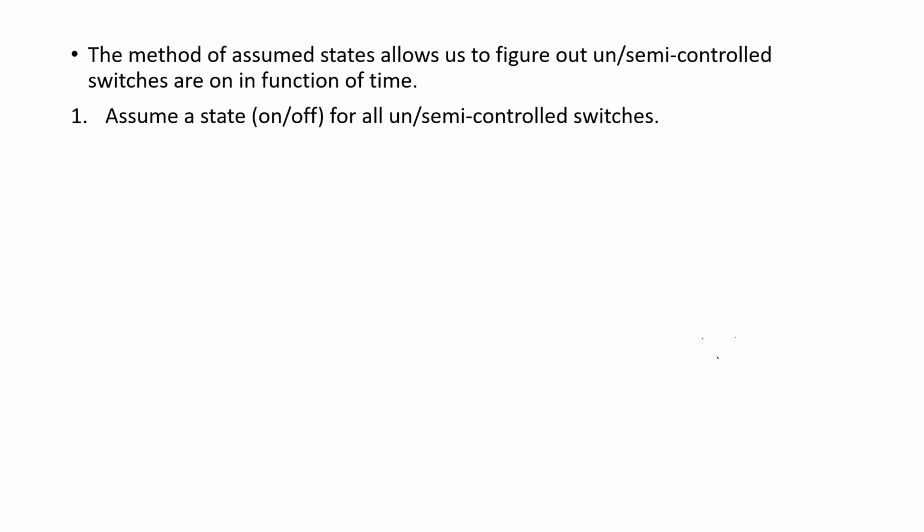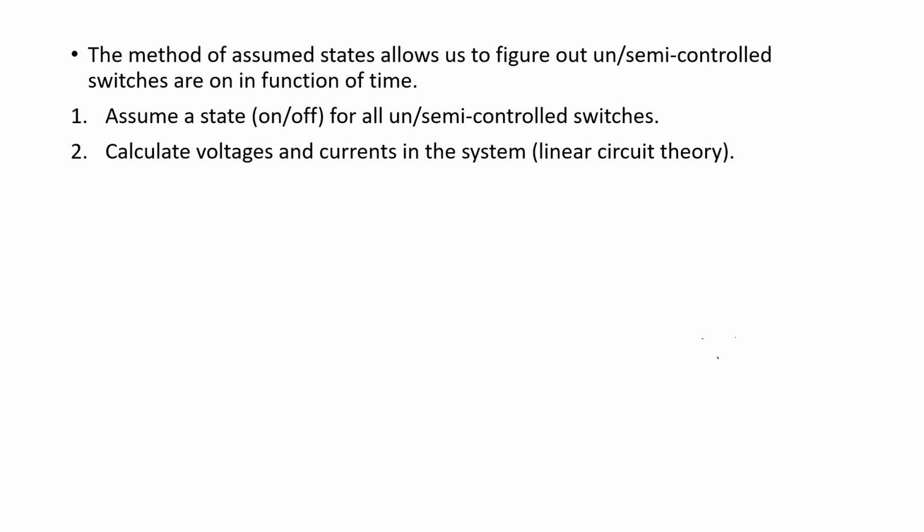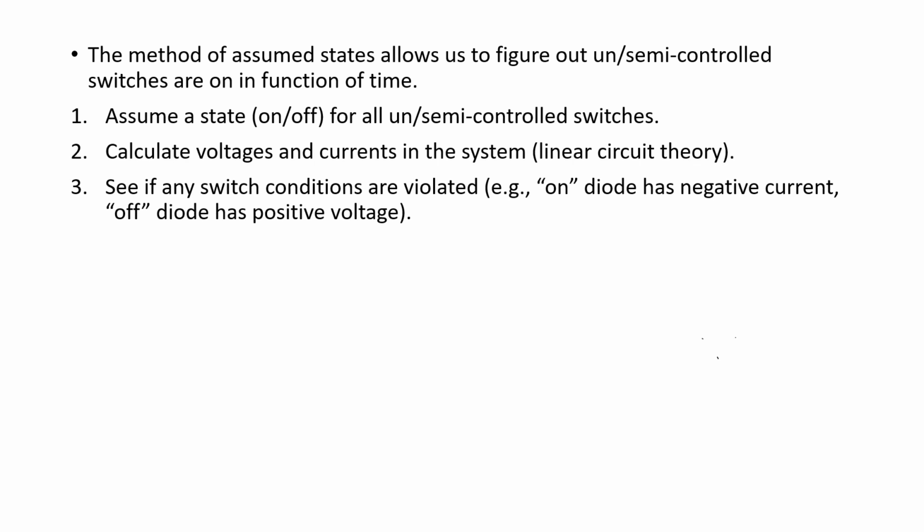Okay, just a simple case. This is just the process. First, I assume the state to be on or off, and then calculate voltage and current from linear circuit theory, and then you verify, you check whether there are any violations. For example, if you see that a diode has negative current, that is wrong. Or if you see that the voltage across the diode is positive, it's also wrong.